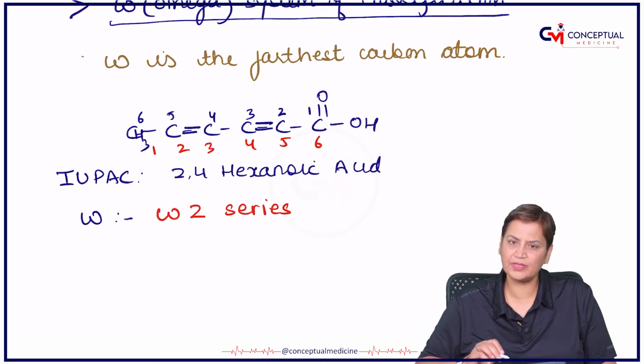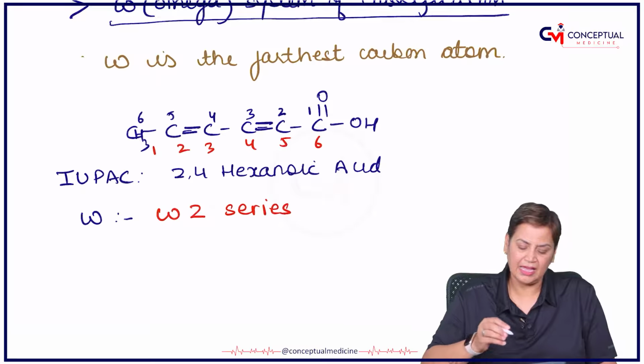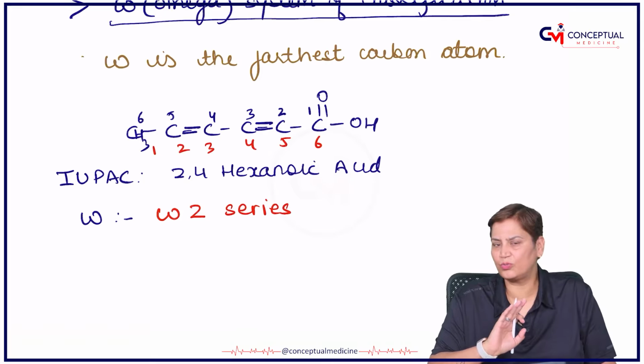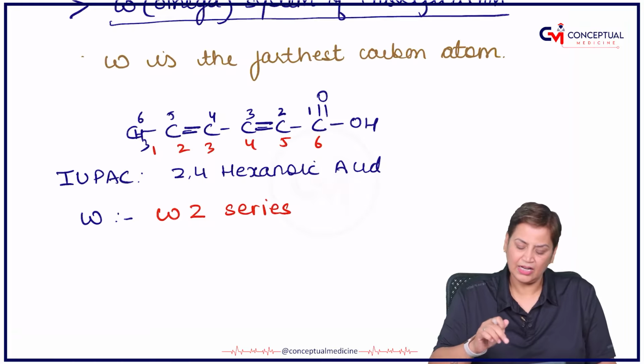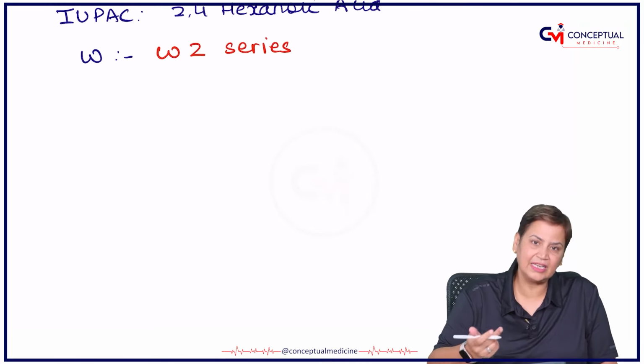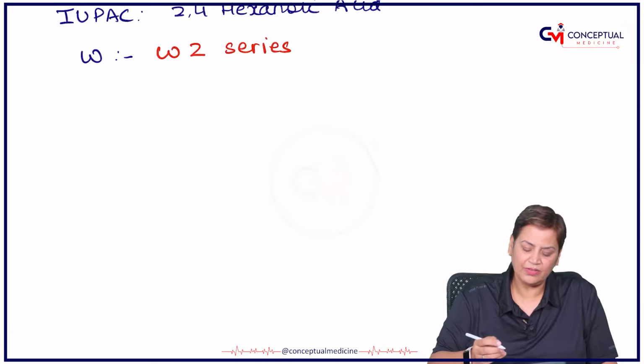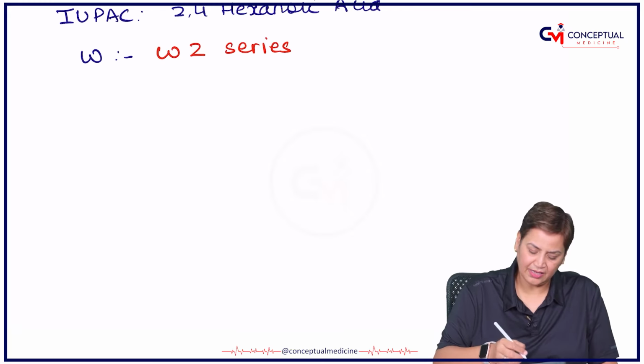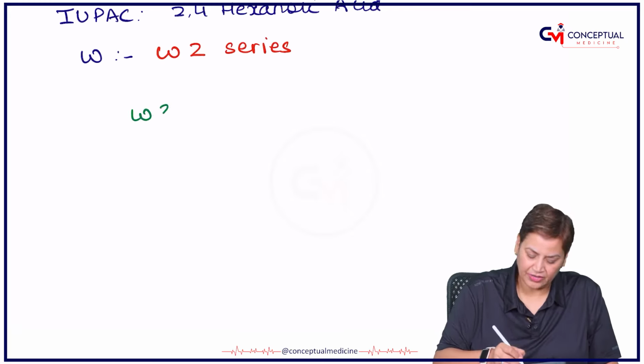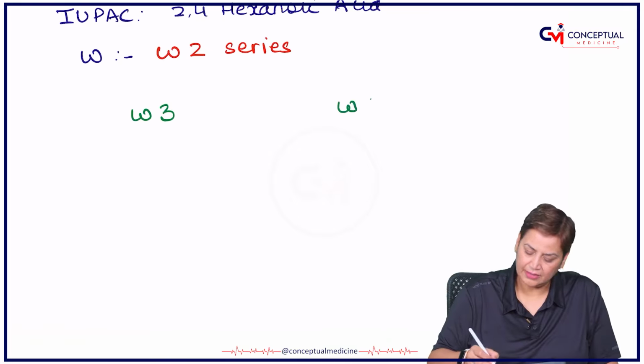Since this double bond is on the second carbon atom, it becomes the omega 2 series, and that is why the omega system of classification also plays a very, very important role. Now, what is the significance of this? We classify as per omega into omega 3 and omega 6.